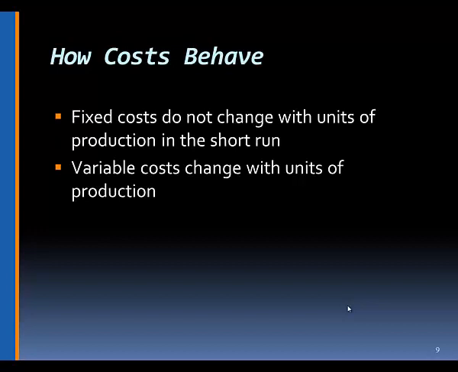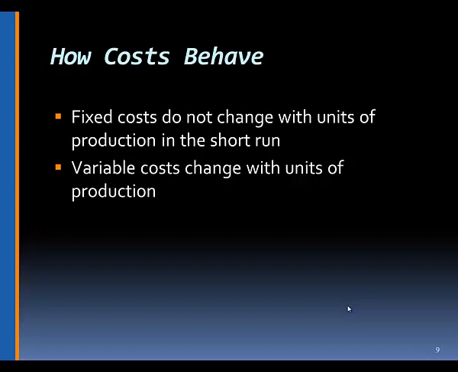Fixed costs do not change with the units of production in the short run. So a fixed cost would be depreciation, factory rent, property taxes, supervision, things of that nature.